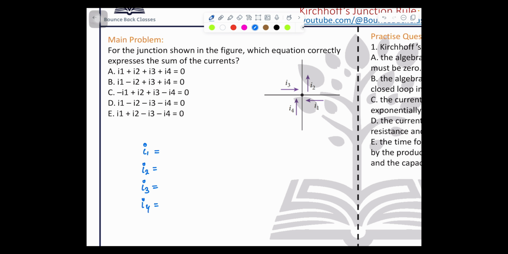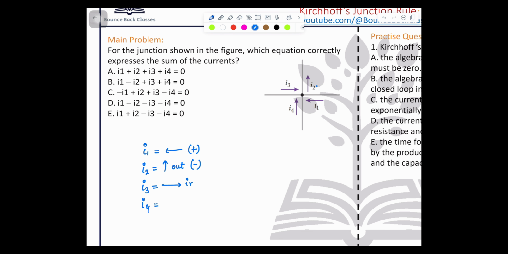Okay, guys, I1, in or out? In. So can I say positive? Fine. Okay, check the I2. This is your I2. It is going like this. It is going out. It should be negative. Okay, what will happen with I3? I3 is going like this.